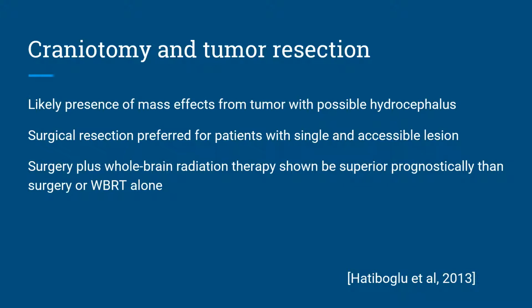Surgical resection can sometimes be preferred for patients with a single and accessible lesion, which seemed to be the case with our particular patient. And sometimes surgery plus whole brain radiation therapy can be shown to be superior as far as survival rates rather than surgery or brain radiation alone. So we suspect that he may have also undergone some further post-operative radiation to try to prevent any kind of tumor relapse.